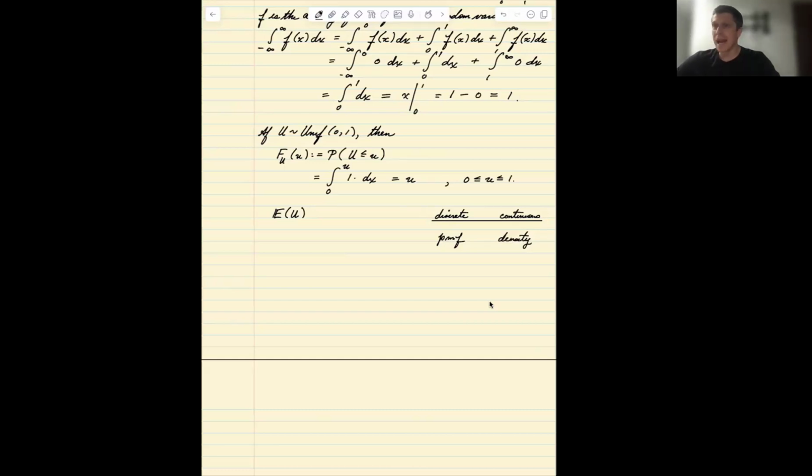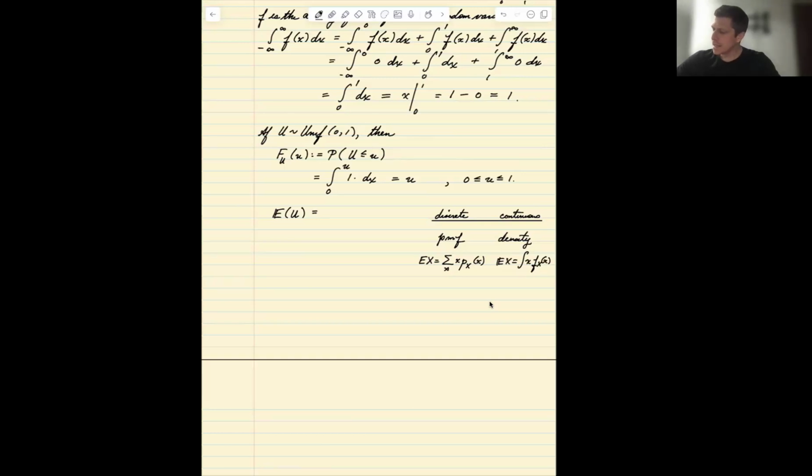In the discrete case, the expectation of X is the sum over values of x times the mass function. In the continuous case, it's the integral: the expectation of X is the integral over all values of x weighted by its density, dx.